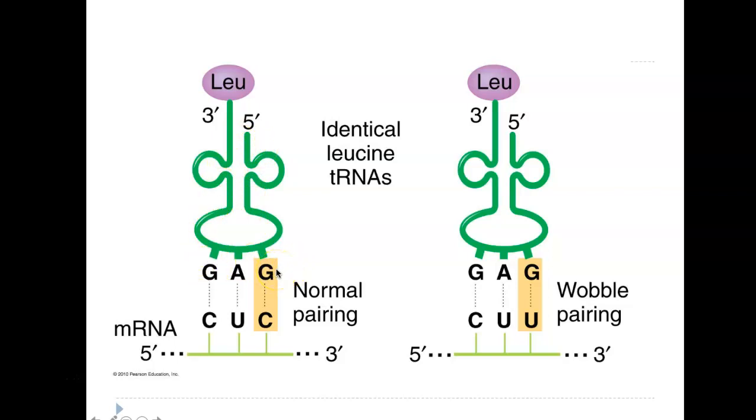It is complementary to the mRNA codon CUC. G pairs with C, A pairs with U, G pairs with C. You'll see where I'm going with that. If you look on your amino acid chart on page 101, CUC is going to code for the amino acid leucine. All right, cool.